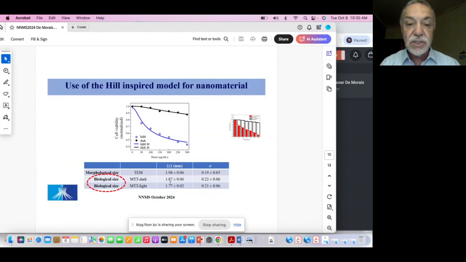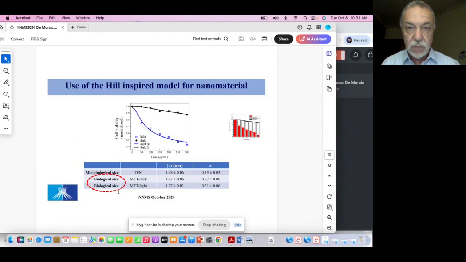However, if you illuminate, you increase very much the toxicity, and it reflects on the mean size that the cell can sense. So it's a little bit lower, 1.77. Although the size dispersities are within the error bar, actually.